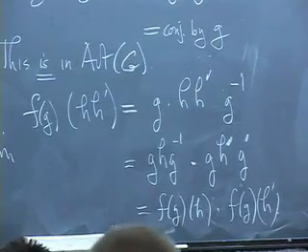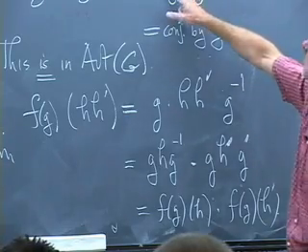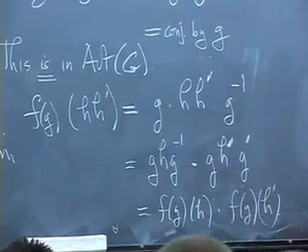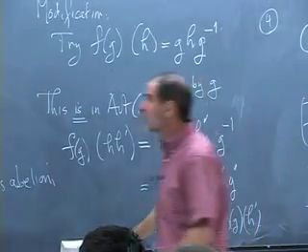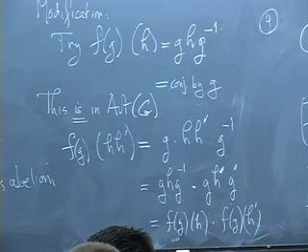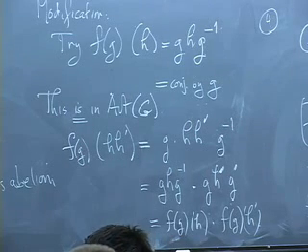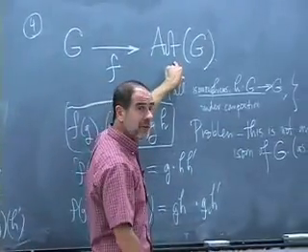So at least this thing is an automorphism of G. Now I have to check, and that's the second thing you have to check, that it's a homomorphism of groups. So at least I have a method of assigning to each element in the group an automorphism.